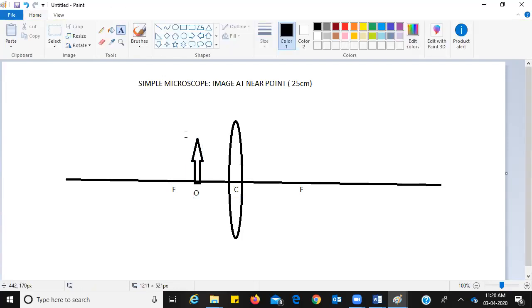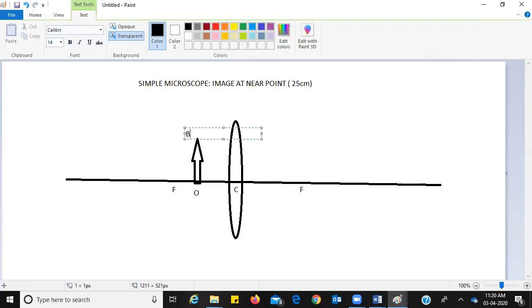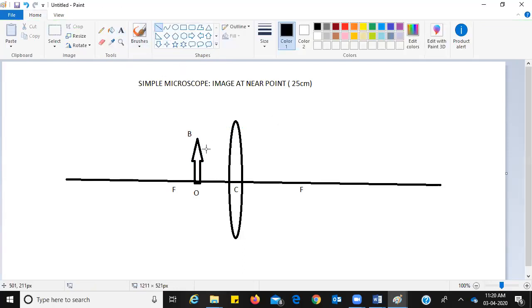So keep it midway between the focus and the center. Rule number 1: a ray parallel to the principal axis goes through the focus.